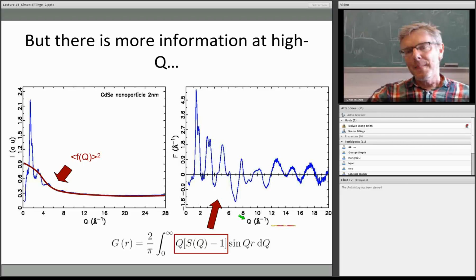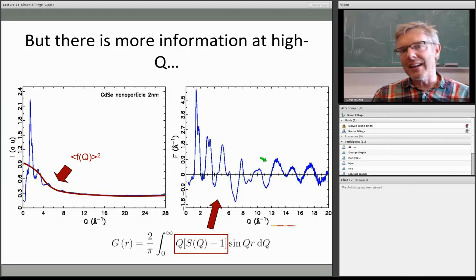So it depends on the scattering angle, and it depends inversely on the wavelength of the probe. The bottom line is that we can get much more information if we measure data to these very high Qs, which means we use a short wavelength probe, or we measure over a wide angular range. So we're going to try and solve the nanostructure problem by measuring the diffuse scattering, because that's where the signal is, but measuring it over a wide Q range.